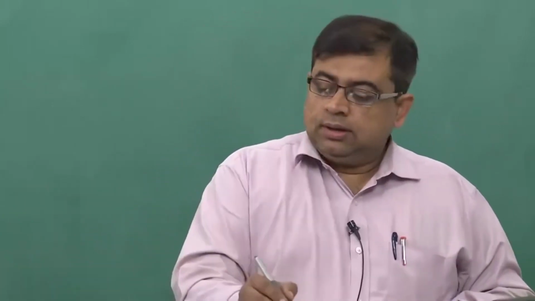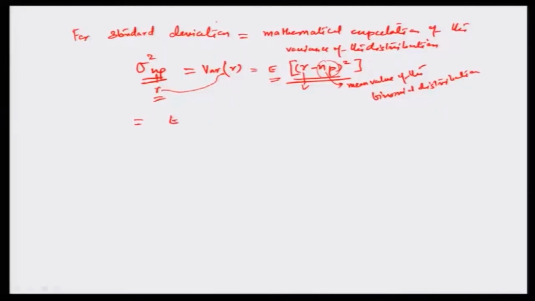If I just expand this, we get E of (r square plus np square minus twice r times np), and so this expectation can be further split apart, because this expectation in any event is a sigma, and you know how we calculated that the expectation of r rejectables is equal to np.